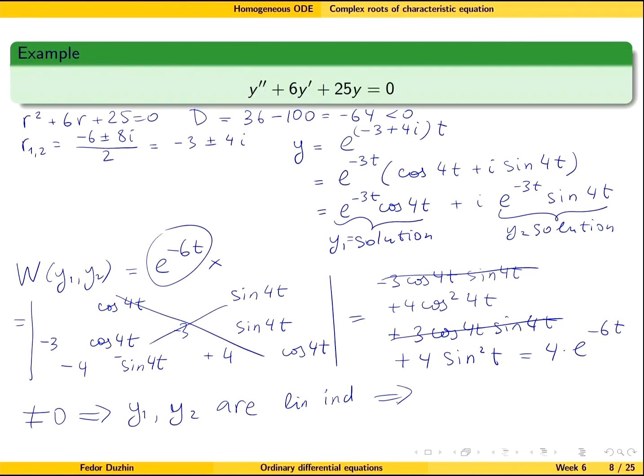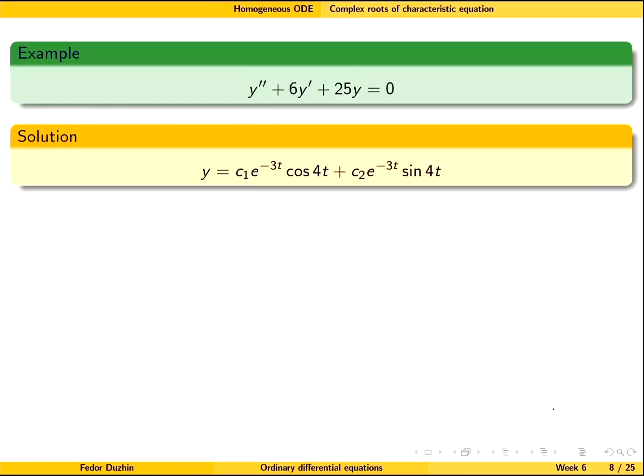Therefore the general solution of our differential equation is y equals c1 e to the minus 3t cosine 4t plus c2 e to the minus 3t sine 4t. Of course, you can imagine that this works in the general case too.